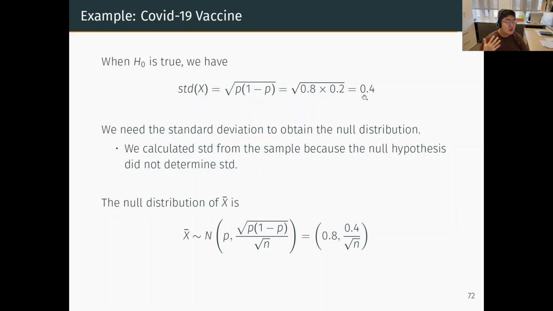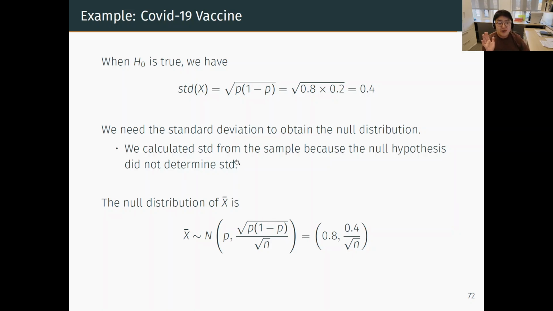In the previous example, the standard deviation was calculated from the data, but not anymore. We don't need data to calculate the standard deviation. This is an important point, and if you follow the process we learned, then it is pretty natural. Then this standard deviation will be used here.